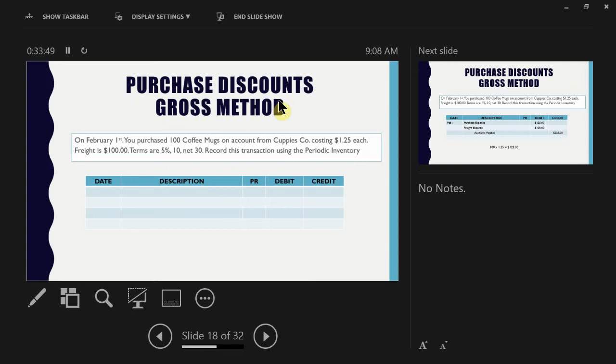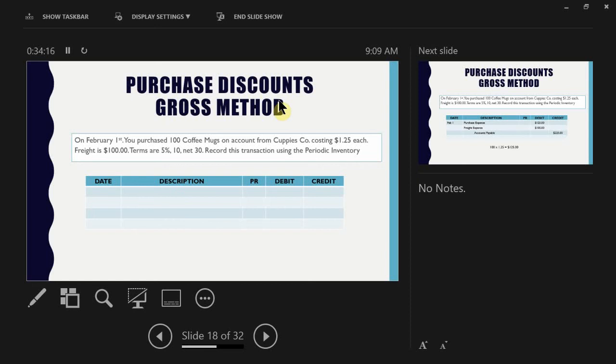So what are the first things that we're going to recognize? We're making a purchase of inventory. So what accounts are we going to recognize? Or even what's the very first thing when we journalize our transaction?